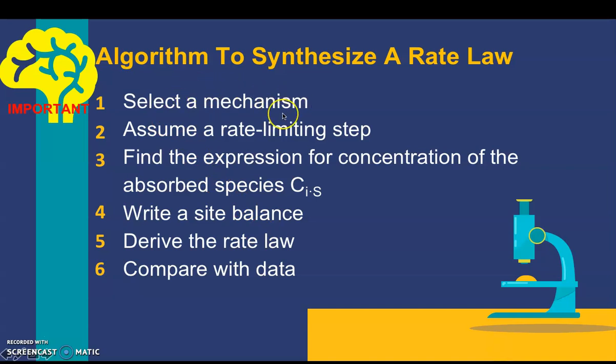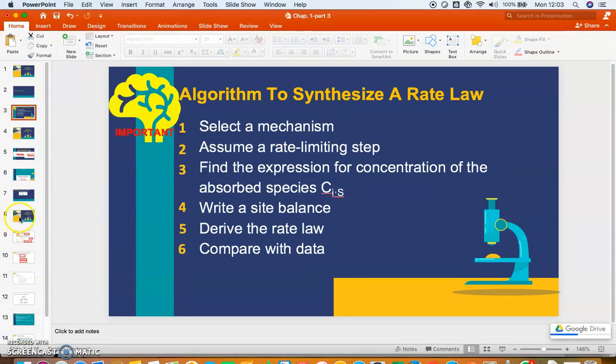First, you select a mechanism. We have already selected the mechanisms for adsorption, surface reaction and desorption, so for every step you need to produce the rate law. Now we go to the second part, which is to assume a rate limiting step. So let's go to the rate limiting step.